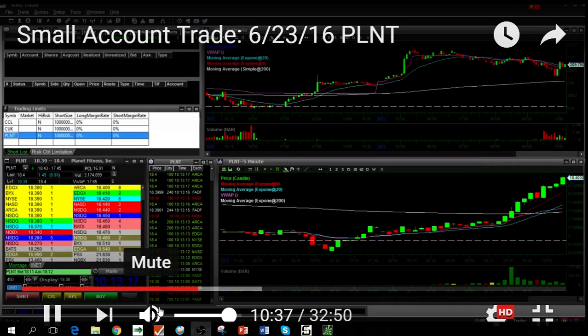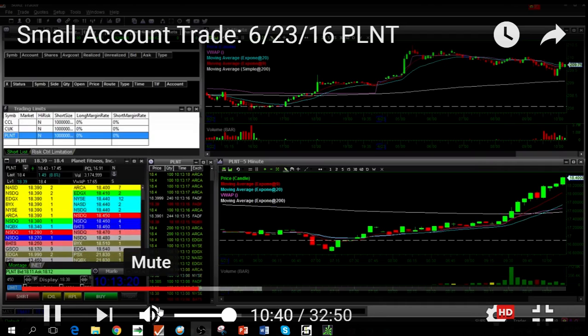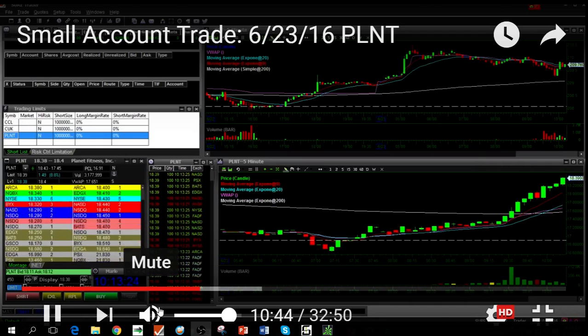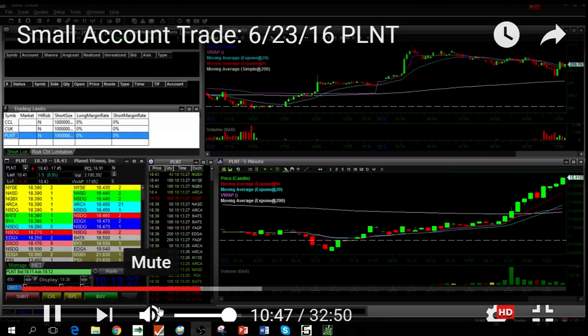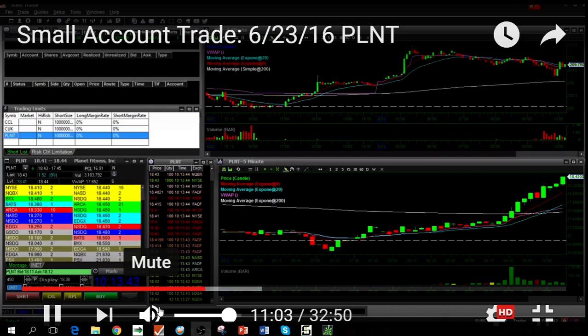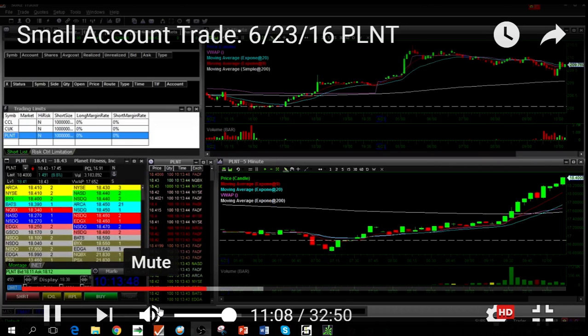All right, so in this case, I'm waiting, and what we're going to look for it to do is to test this level and fail. Now, yeah, I can anticipate the failure of this level, but if you go back and look at the red candle just before 10 o'clock when it made that run up, and then you have that red candle, it made a new high, but it didn't make a new low.